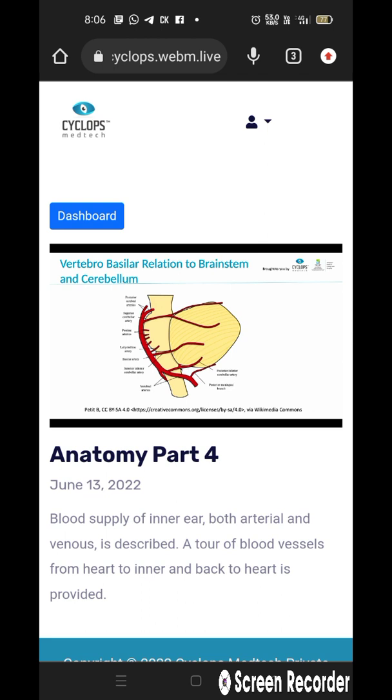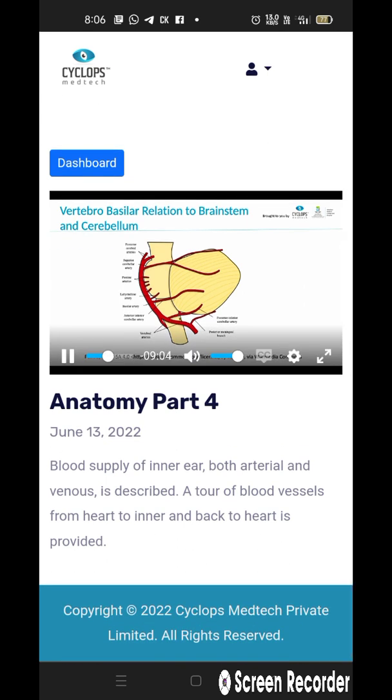The nodulus of the cerebellum, which we will be dealing with later in clinical conditions, will get supply from this PICA, posterior inferior cerebellar artery. Also this PICA supplies the lateral part of the medulla; lateral medullary syndromes will be there. The AICA itself will supply the lateral part of the pons and upper medulla, and then we have the superior cerebellar artery, which will supply the lateral part of the midbrain.